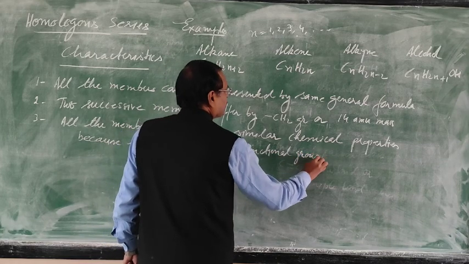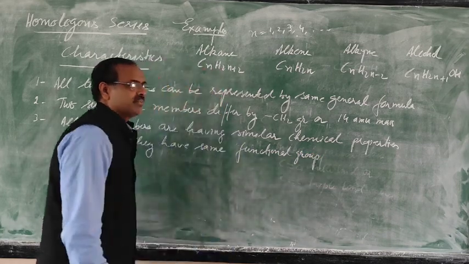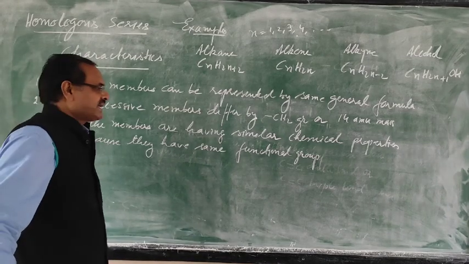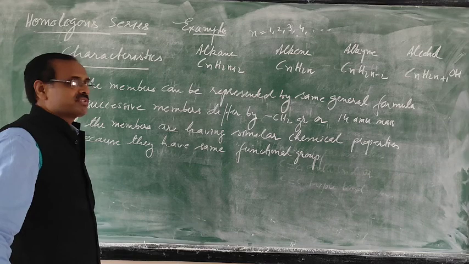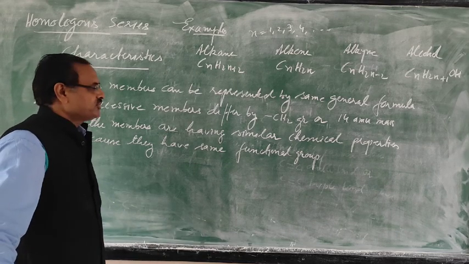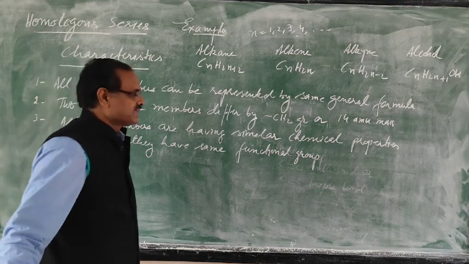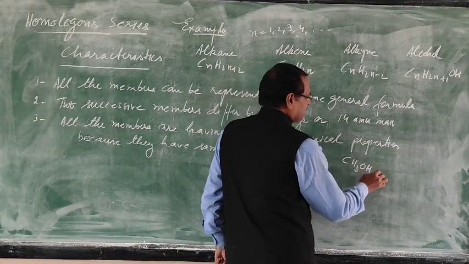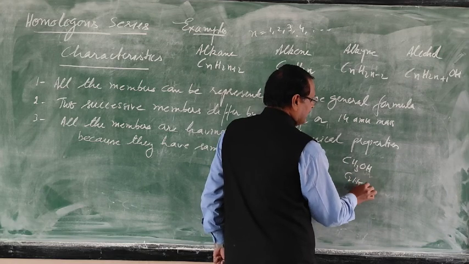In the coming topic, we will study what is a functional group: an atom or a group of atoms, or a double or triple bond, that defines the characteristic property is called the functional group. In organic chemistry, consider organic compounds having the same functional group. For example, CH3OH, methyl alcohol, and ethyl alcohol.